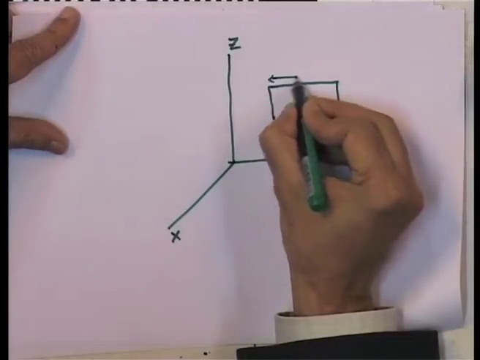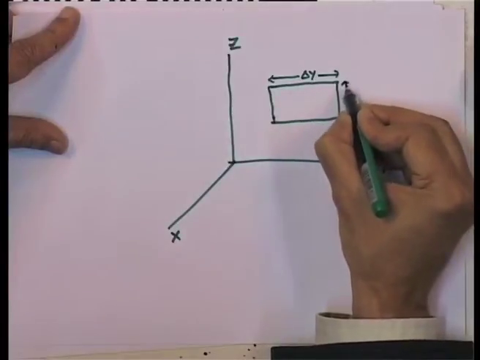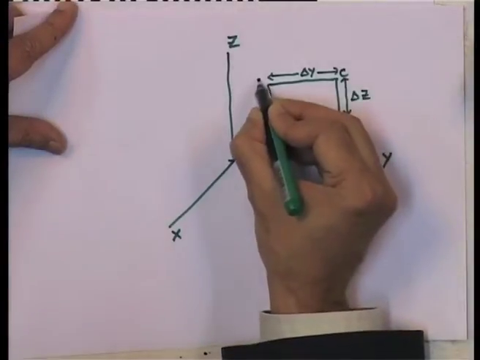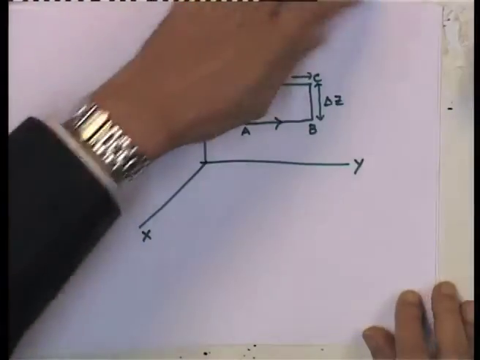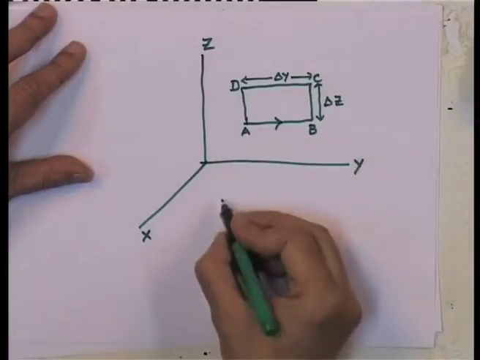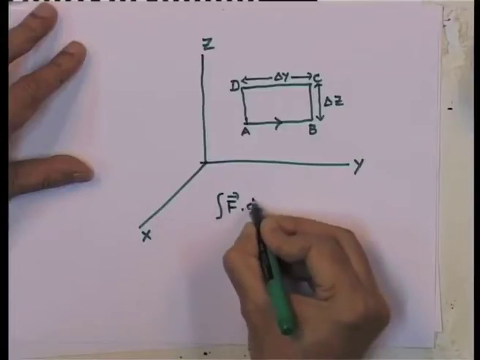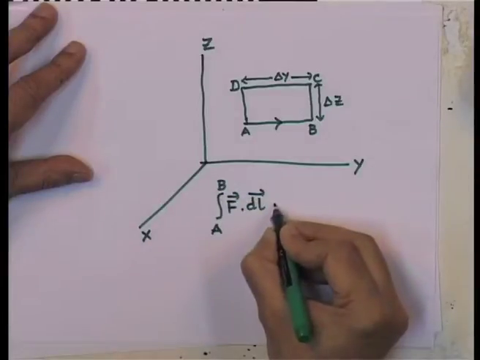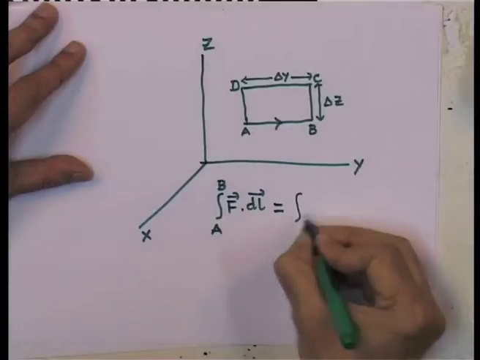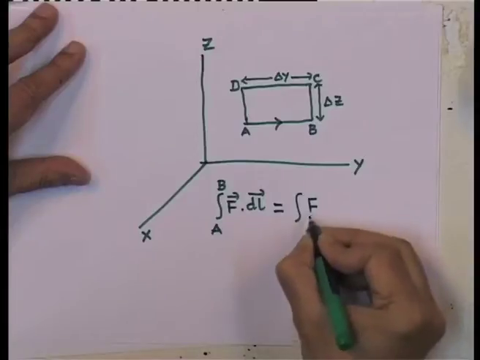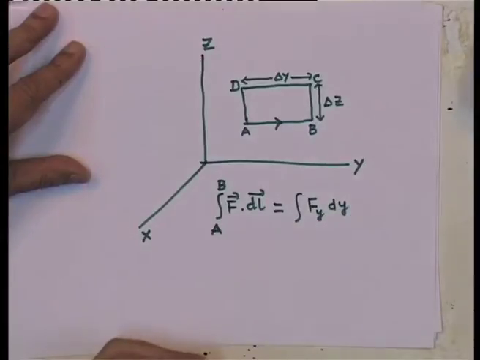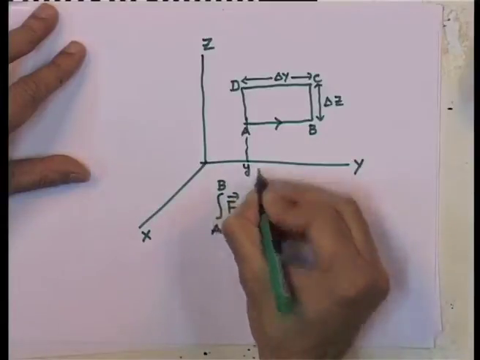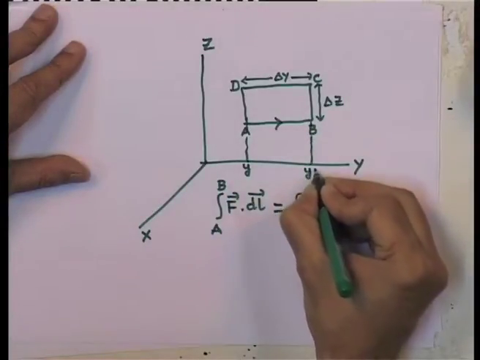This rectangle is delta y by delta z, and this is A, B, C, D. So, the contribution to the line integral f dot dl along the path A to B is given by f y dy, and this will be from the value, supposing A has a coordinate y and this has a coordinate y plus dy.